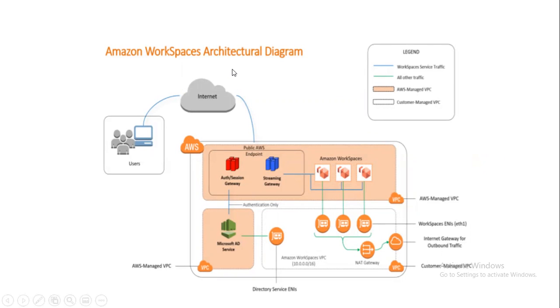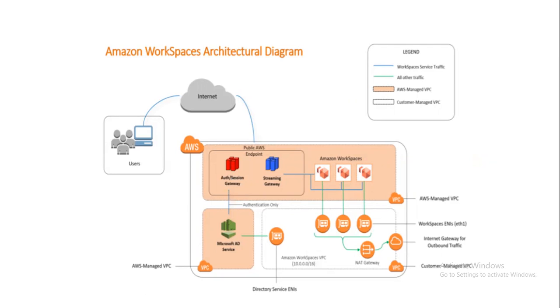Coming to the architecture of Amazon Workspaces, similar to VDI, when the user sends a request for a desktop image over the internet, it first gets authorized onto the AWS console. For authorization, the request passes through the authorization or session gateway, which in turn connects through the Active Directory you've associated with your network.